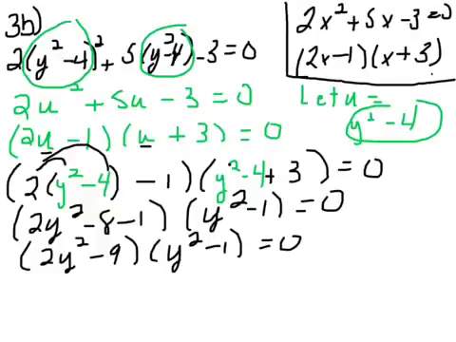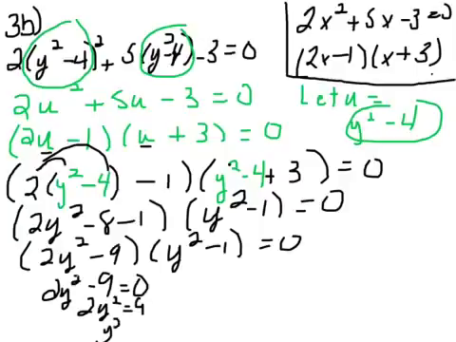I'd really want to clean those up before I go do that. Now these are not pretty answers, but they're doable. At least the first set is not so pretty. If I add 9 to each side, I have 2y squared is equal to 9. And then if I divide both sides by 2, I get y squared equals 9 over 2. Now I'd have to square root both sides, and when I do that, I need to put a plus or minus on it. I'm running out of room there, so I'll squeeze it in.